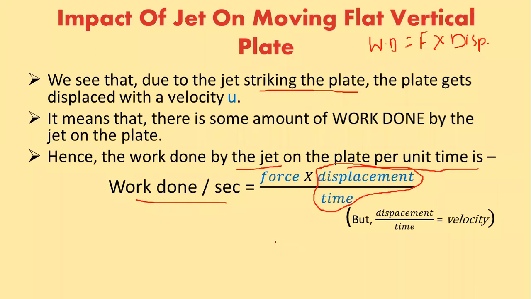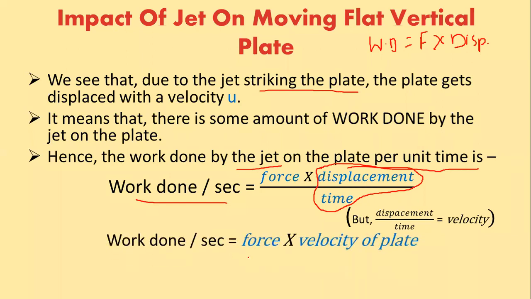Therefore, the work done per second, or the work done by the jet on the plate per unit time, will be equal to force into velocity of the plate. This displacement is nothing but how much the plate has moved forward in how much time, that is the velocity of the plate.